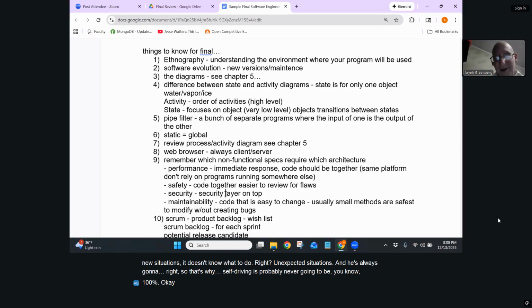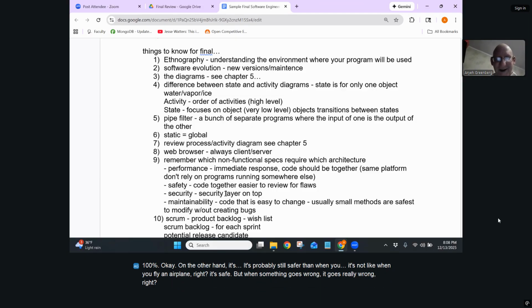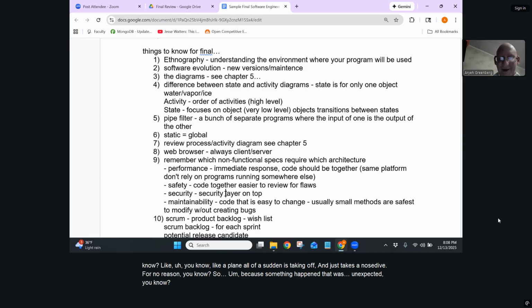On the other hand, it's probably still safer than a human. It's like when you fly an airplane. It's safe, but when something goes wrong, it goes really wrong. The plane crashes for no reason, like all of a sudden it's taking off and takes a nosedive for no reason, because something unexpected happened that no one thought about.